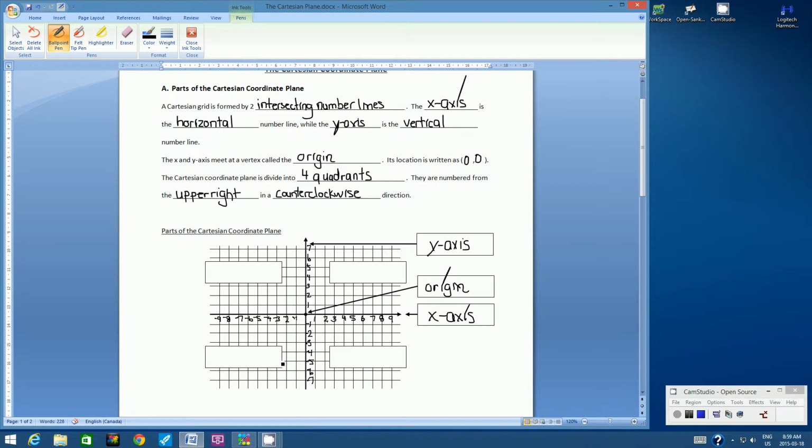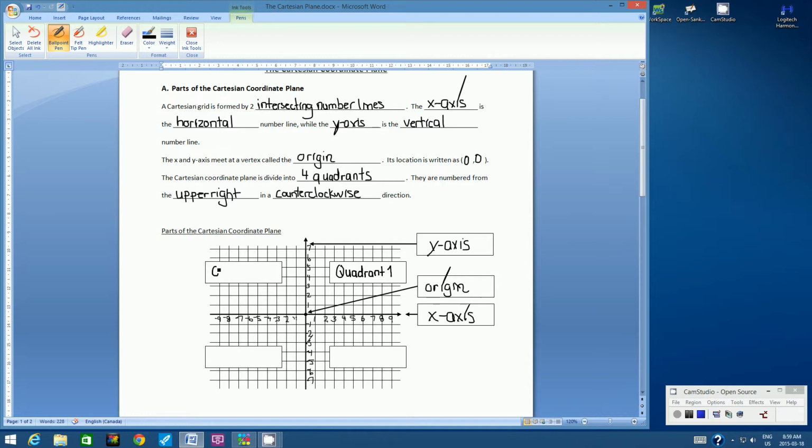Now, let's label our quadrants. Remember, the quadrants are numbered from the upper right. So that's this quadrant first, quadrant 1. They are numbered in counterclockwise order, which is this direction right here.